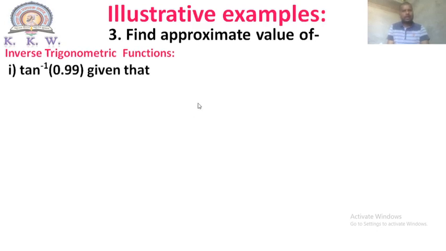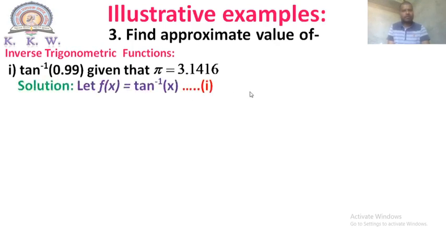Next, we'll find approximate value of inverse trigonometric function. Therefore, find approximate value of tan inverse of 0.99, given that pi is equal to 3.1416. Now we'll define f of x appropriate to the given value tan inverse of. Therefore, f of x is tan inverse of x.